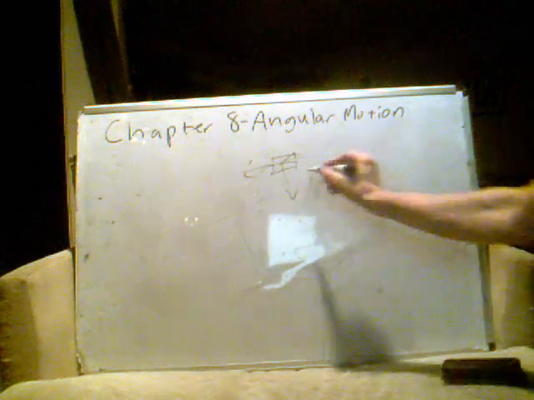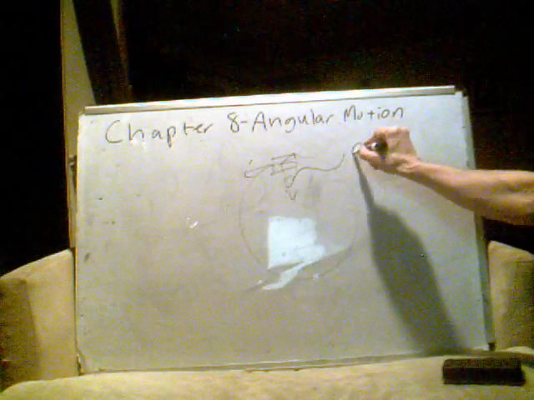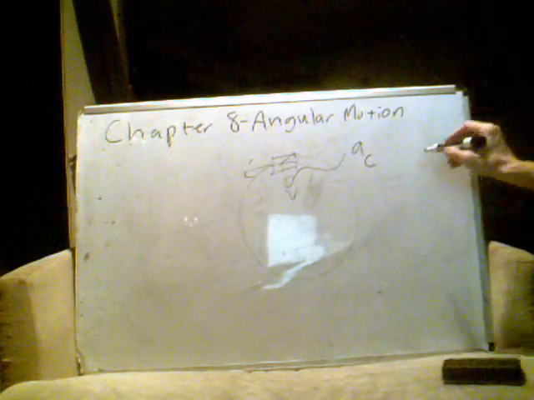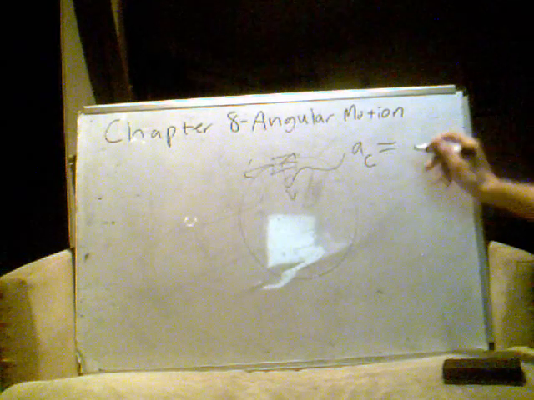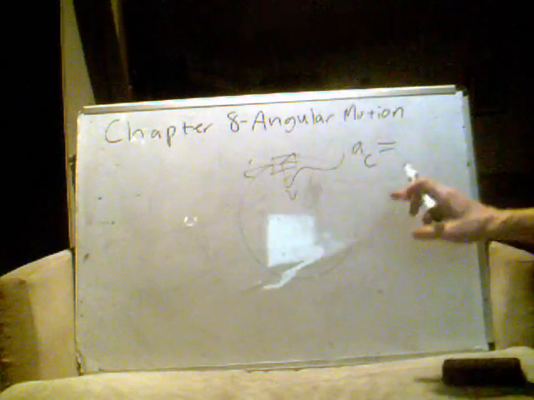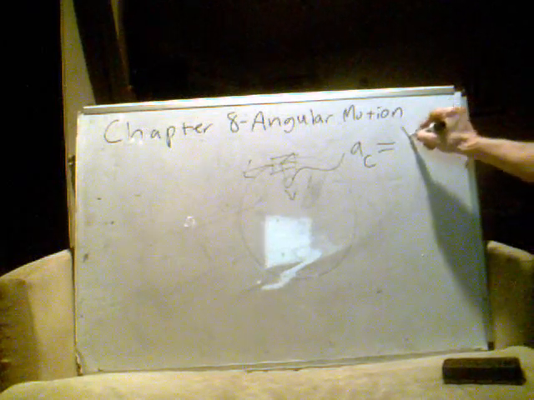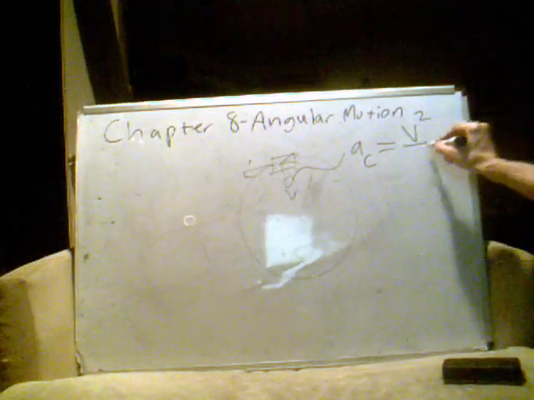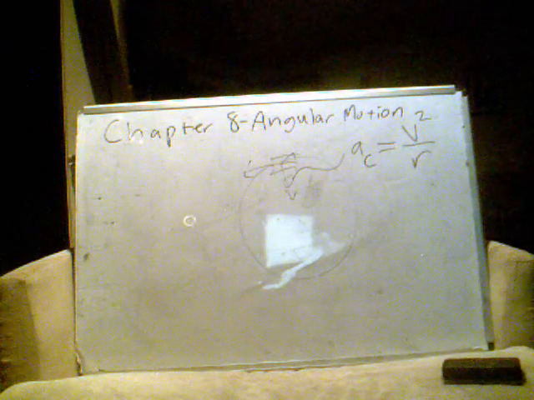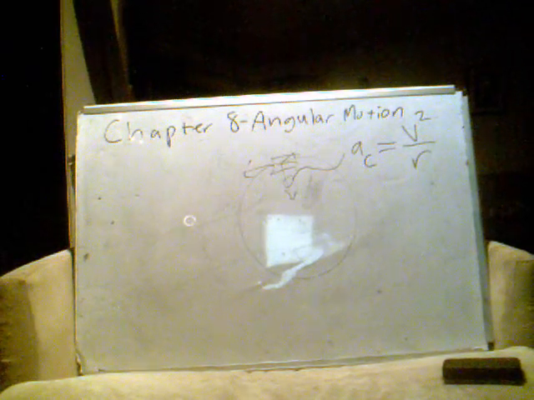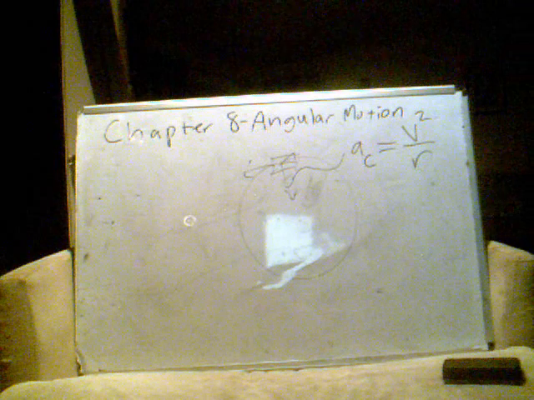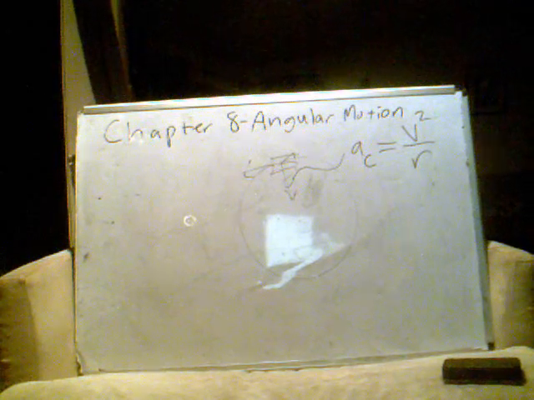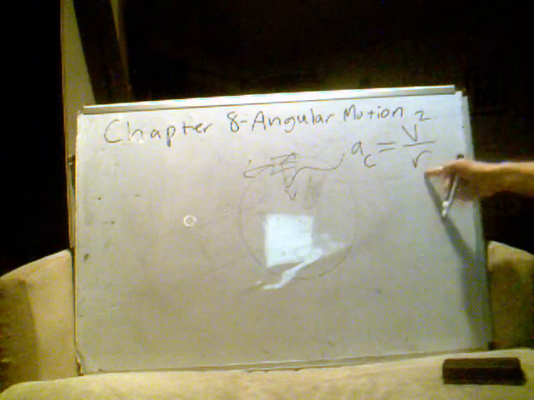Now, it just so happens that this center-seeking acceleration, what we call centripetal acceleration, for something to continue on with a constant linear velocity while moving in a circle, has to be related to its velocity, obviously, and also the radius. So we say centripetal acceleration for something that is neither speeding up nor slowing down is v squared over r.